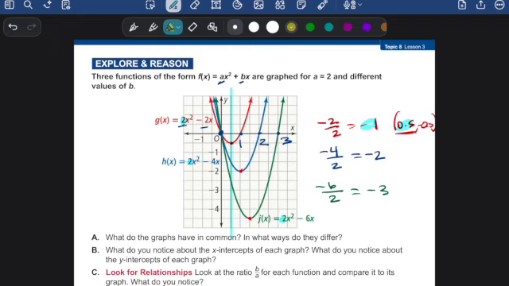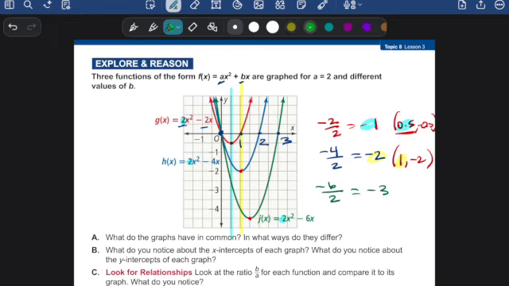For h of x, our line of symmetry is at 1 because our vertex is at 1 comma negative 2. And again, we're comparing the line of symmetry at x equals 1 to our ratio. What's that relationship? I'm looking for a pattern.